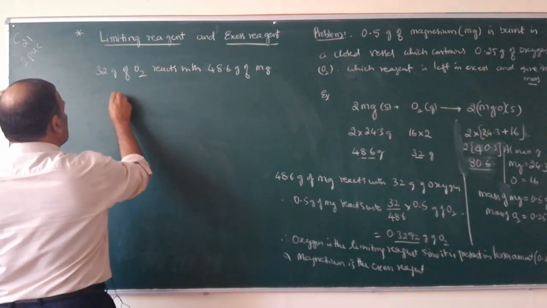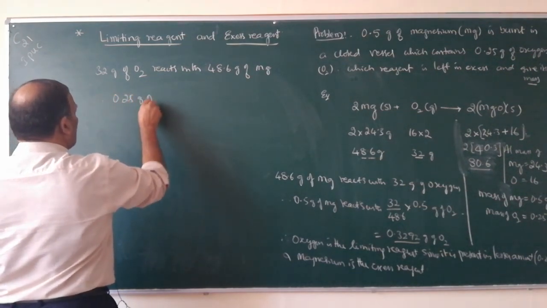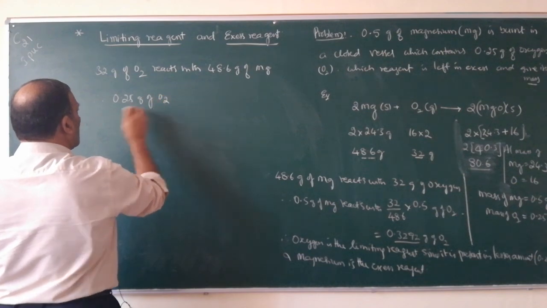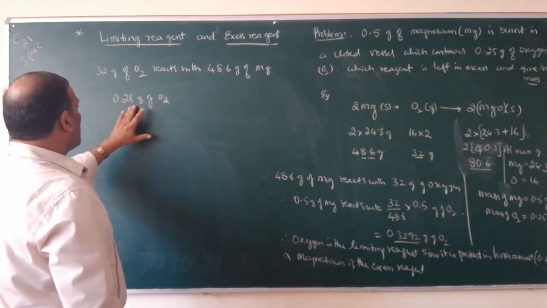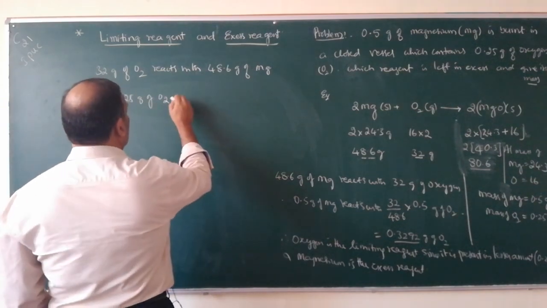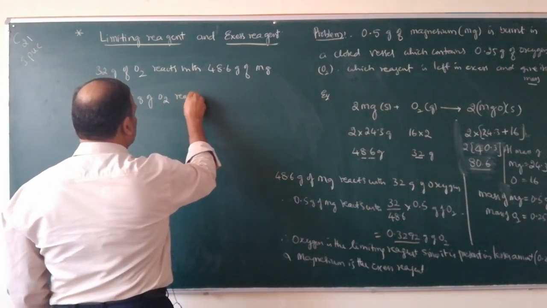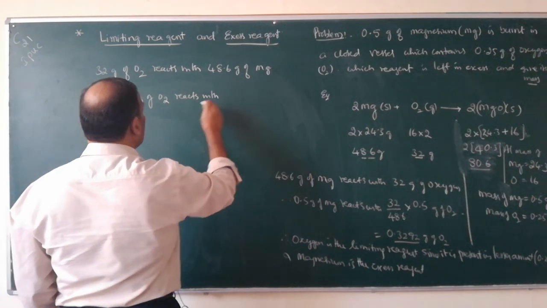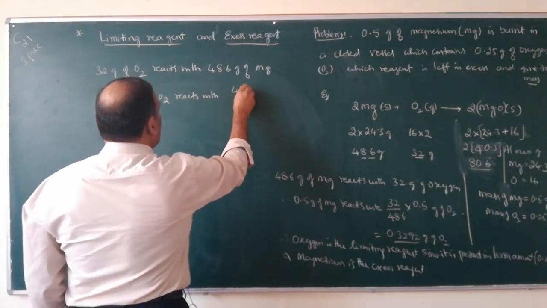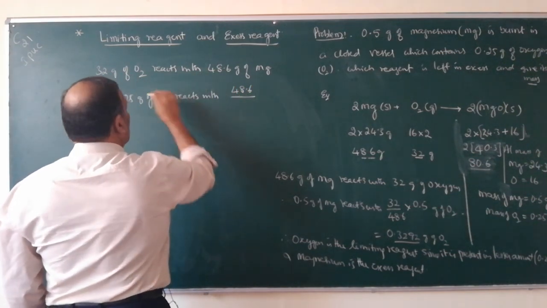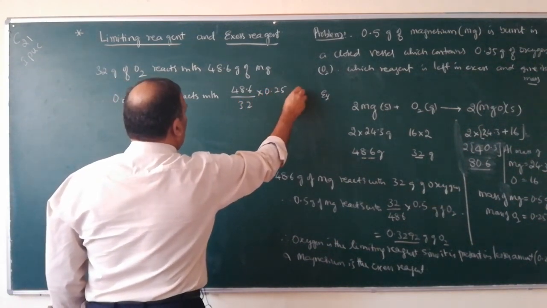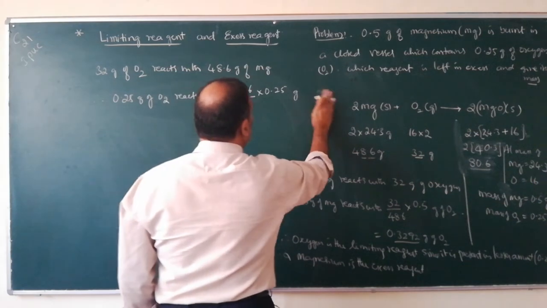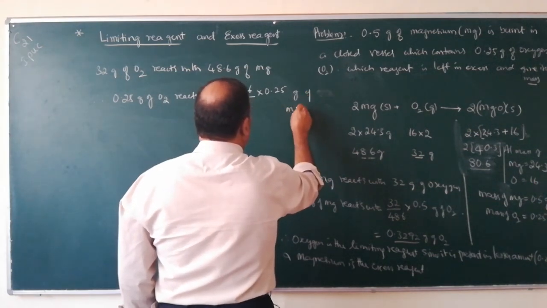Therefore, we have only 0.25 gram of oxygen. 0.25 gram of oxygen reacts with 48.6 divided by 32 into 0.25 gram of magnesium.